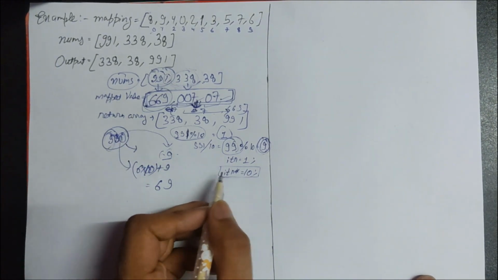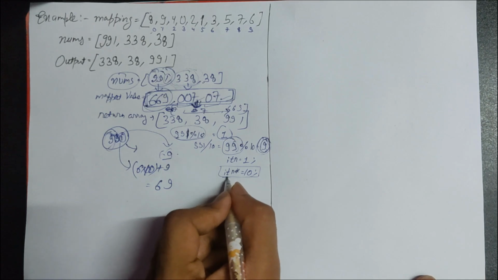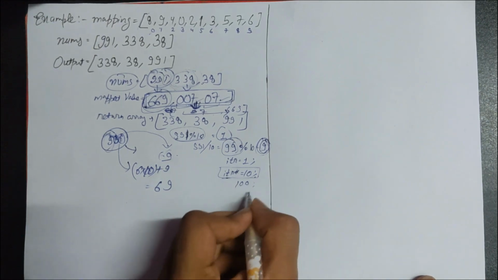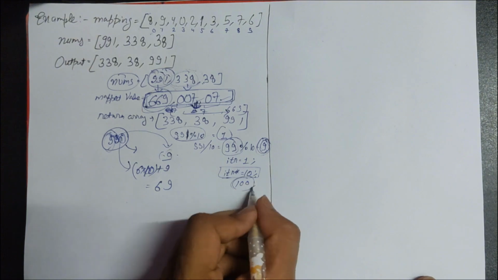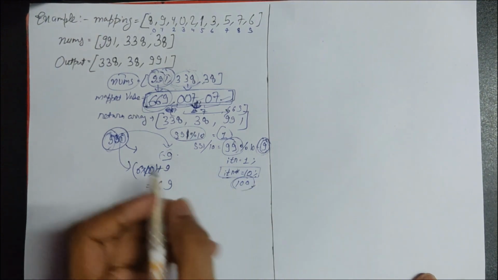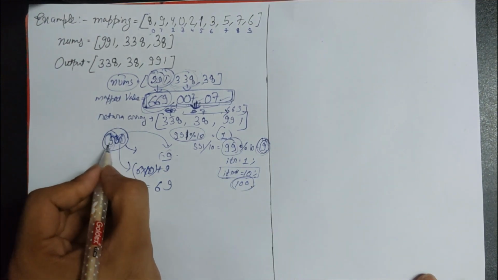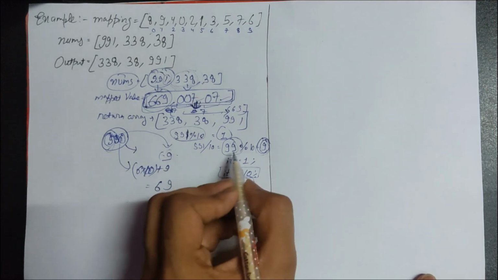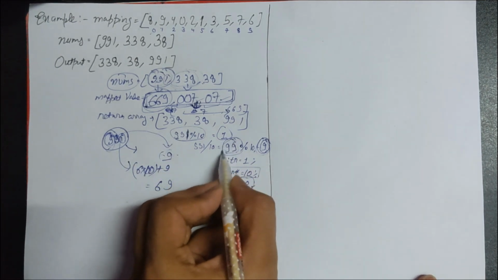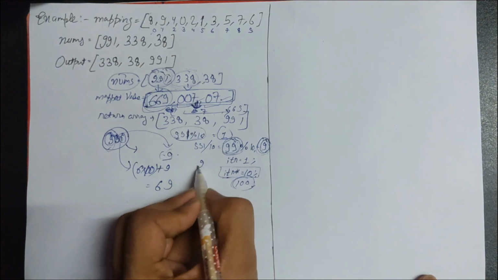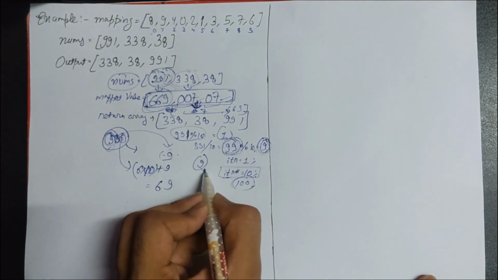ITR will be 100 after the second iteration, so at the third iteration ITR will be 100. After the second step the number will again be divided by 10 and it will become 9, and after that, what will be the mod of 9?